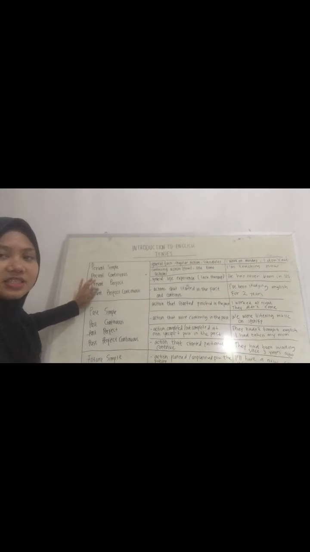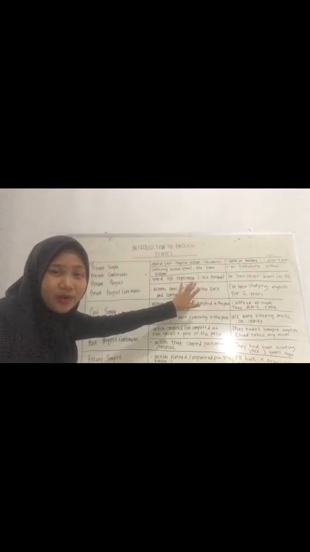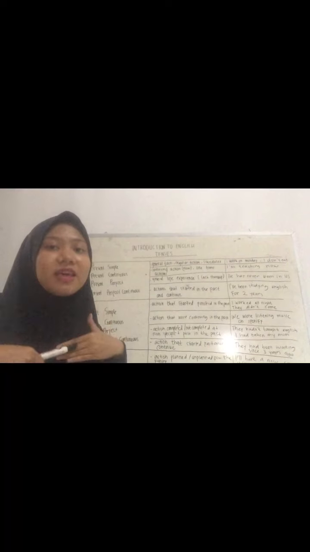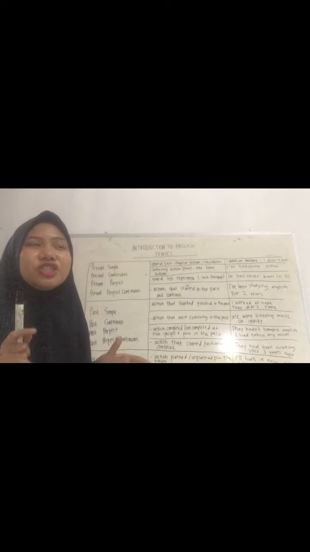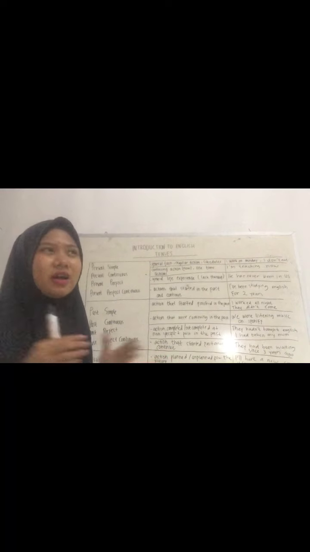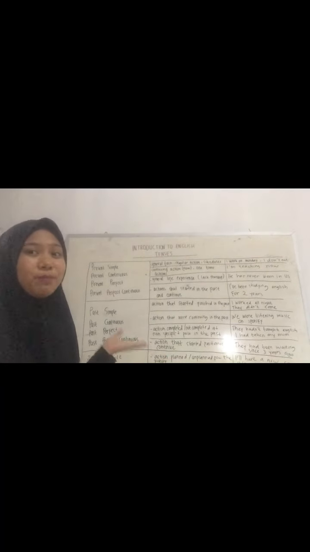Let's move on to the present perfect. You know that the present perfect means general life experience. What is general life experience? It means something you did in the past, but not at a specific point in time. It's not important to say when. Example, he has never been to the US. For the present perfect, you have to use the past participle, because it's about the past, right?